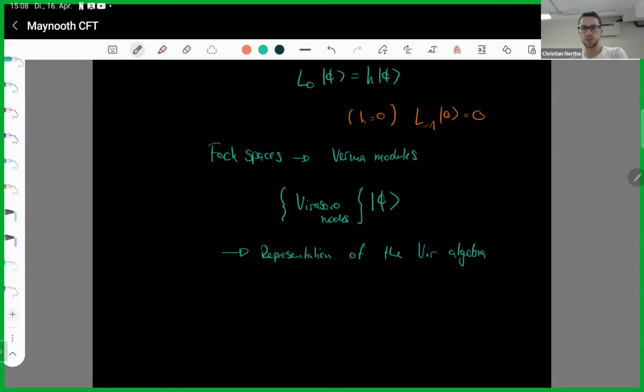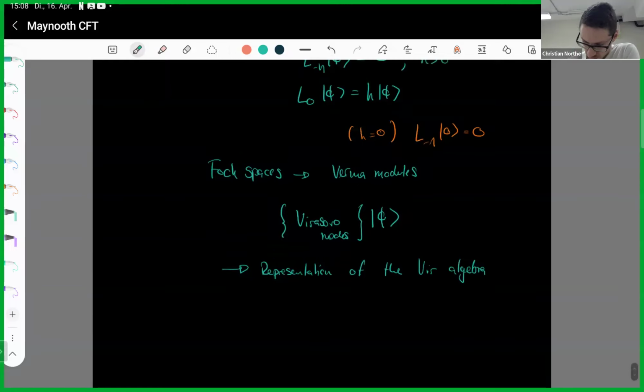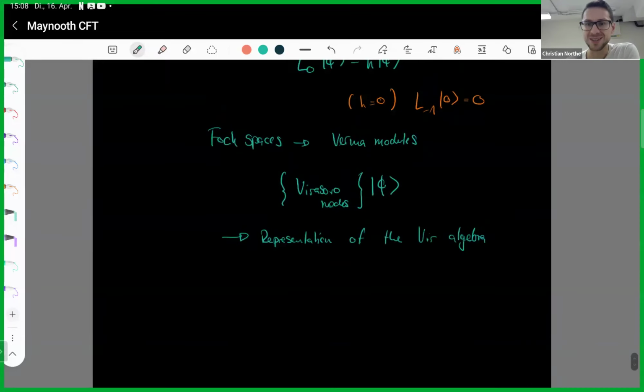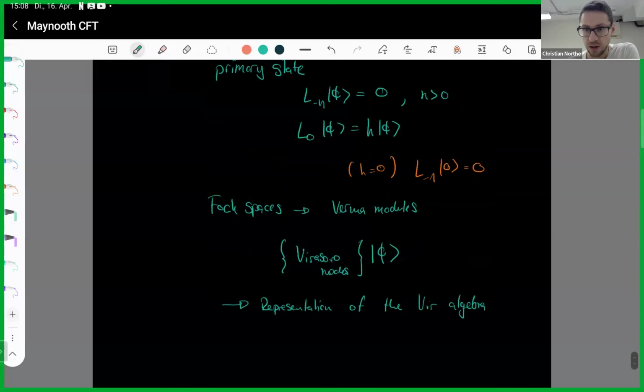And mathematicians will call these things modules because they're vector spaces. But if you insist, I can use that word. Well, for Verma module, I'm always going to say Verma module. But for us, it's synonymous with representation. Okay, are there any questions regarding last lecture?